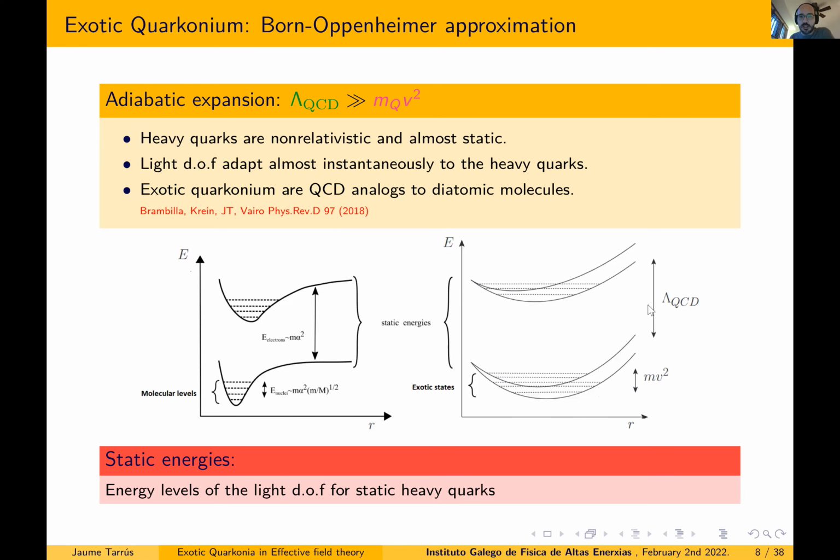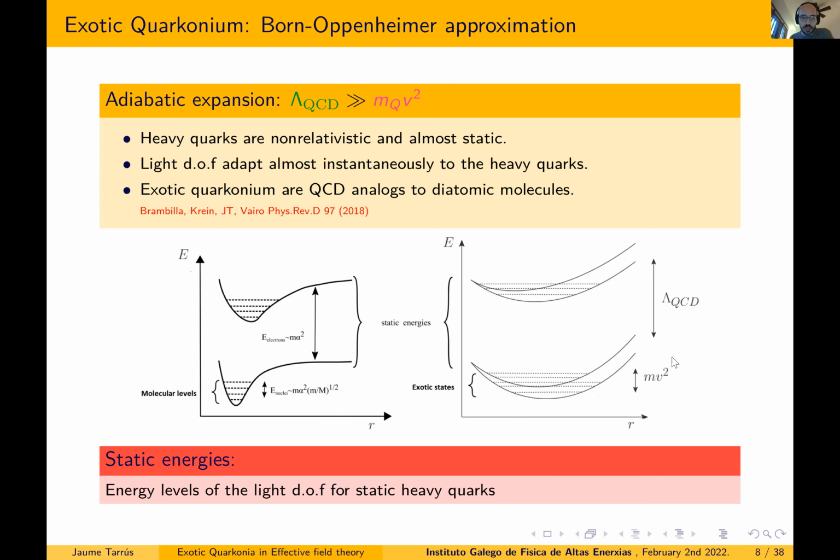Then the final exotic states are the bound states of the heavy quark-antiquark pair on top of the static energies. These again should be separated by energy gaps smaller than the ones that separate the static energies. Since the binding energy is of the order of the heavy quark scale, the hierarchical expansion in exotic quarkonium should come from the separation between these two scales.